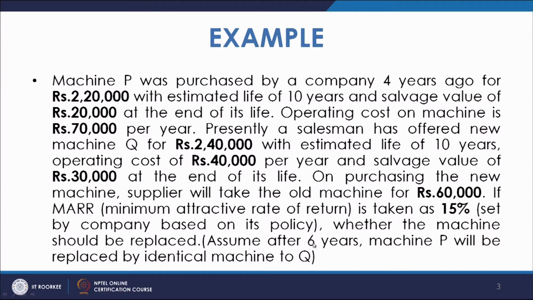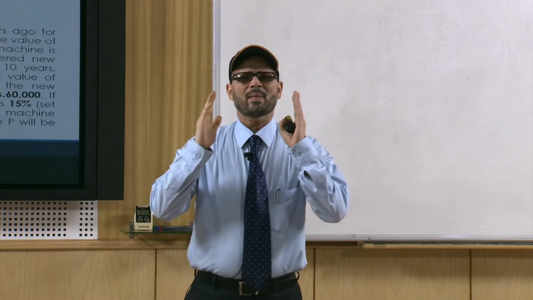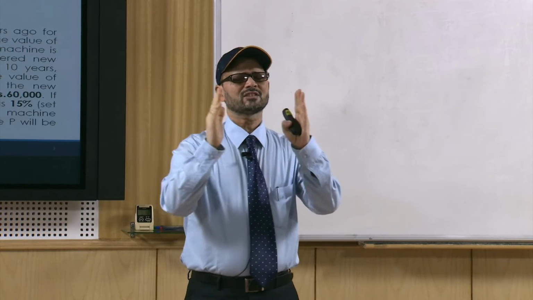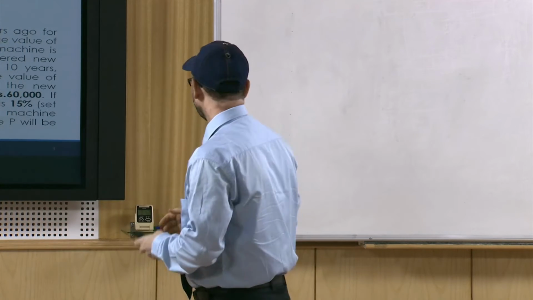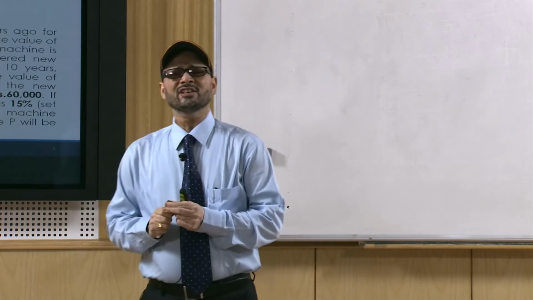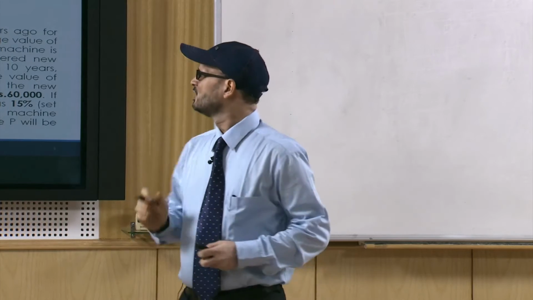Now it is to be decided whether the machine should be replaced or kept intact. It is also assumed that after 6 years machine P will be replaced with a machine identical to Q. It means the annual equivalent values will be the same for that period. So let us solve this problem, which needs the treatment of proper sunk cost.